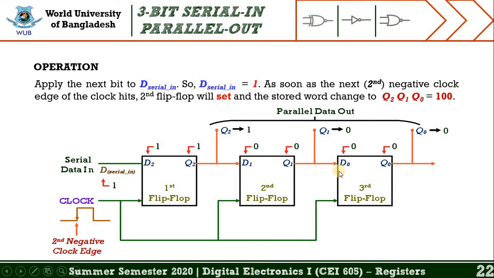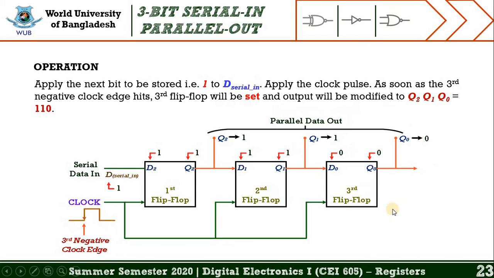Let's move to the next slide to explore another condition, which is when the third negative clock edge is applied at the clock. What will happen? This slide represents the third condition. Let's start.